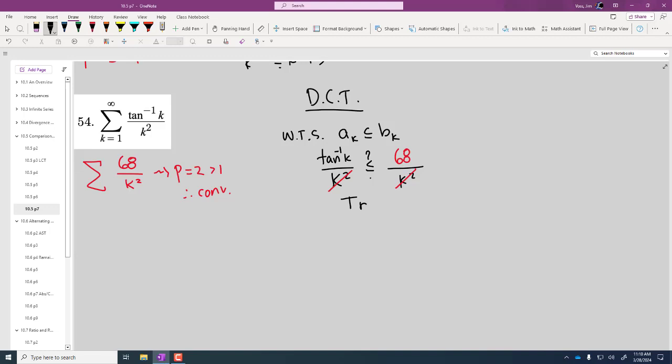So this is true. Therefore, both are going to converge. So we've seen a whole bunch of different ways you can manipulate your b sub k. All this constant has to be, because that's not going to change convergence, is bigger than pi over 2.